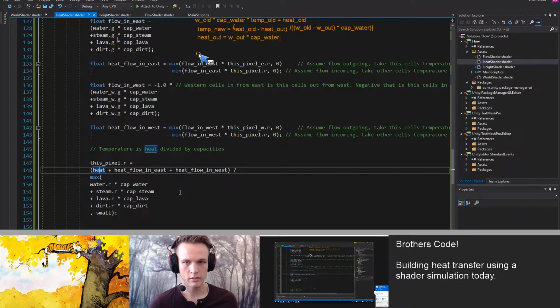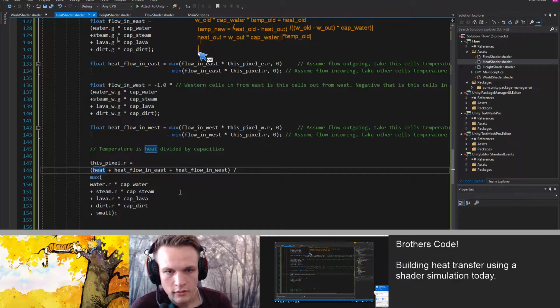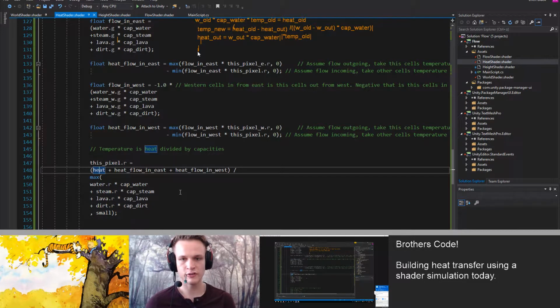So now what we're saying is, no, sorry. Temperature of the water times cap water times water out. Hold on, where? So temp old. Oh, right. Times temp old. But now we need to say, this is what's supposed to hold: temp old equals temp new.